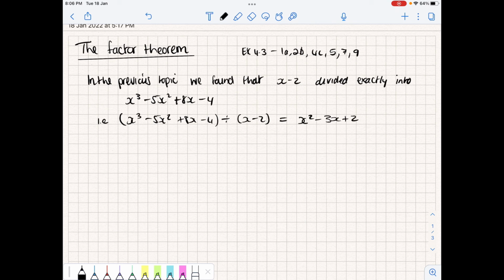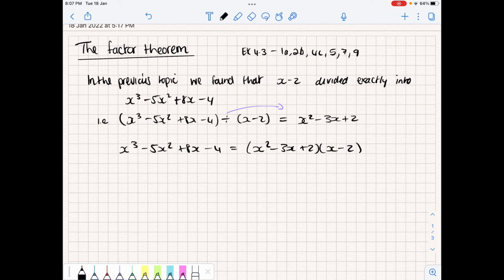Although another way of thinking about this is if we move this part over to the other side, so in order to remove the divide, we can just multiply both sides. We could rewrite this as x cubed minus 5x squared plus 8x minus 4 is equal to x squared minus 3x plus 2, but this time times x minus 2.